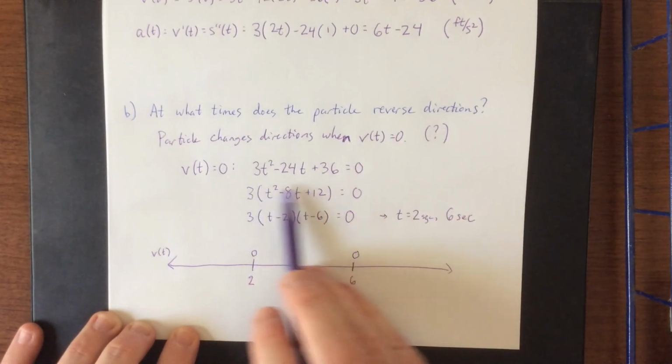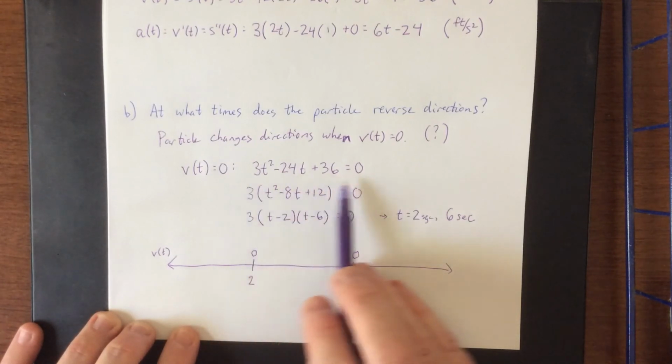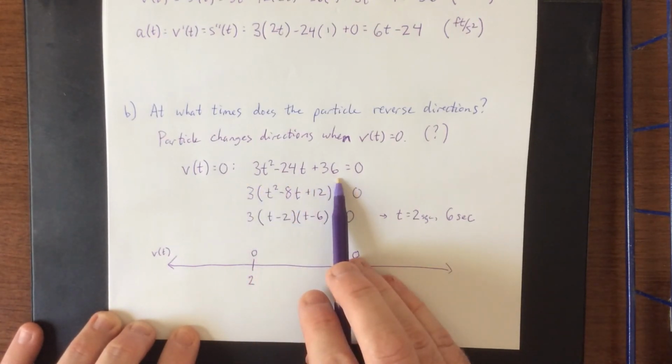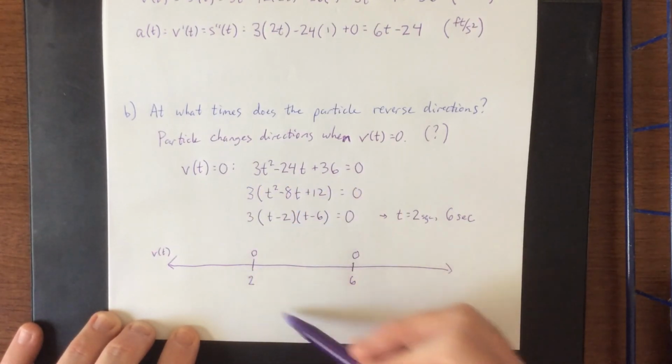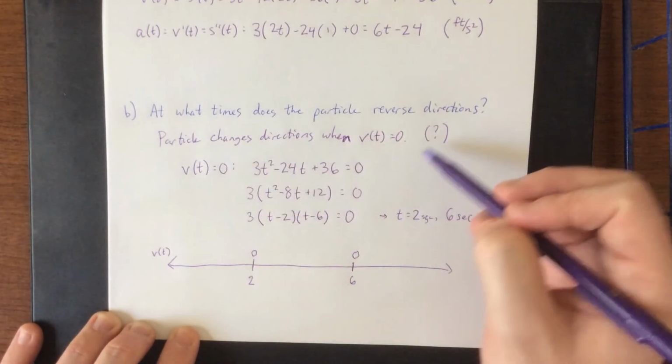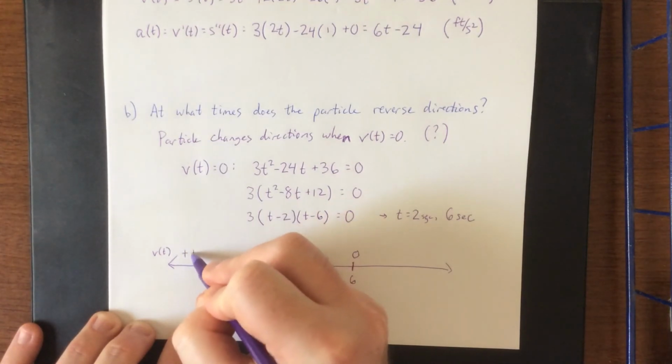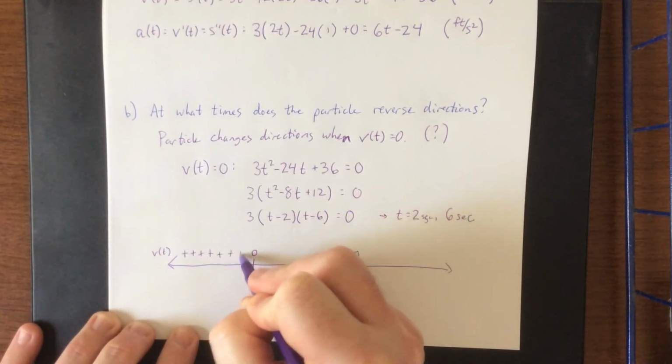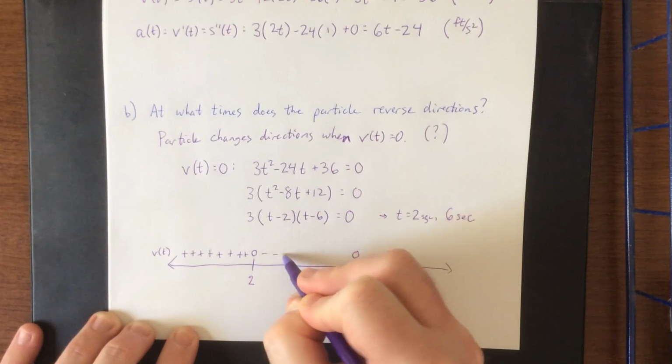Now, you also might recognize that this is an upward opening parabola, and so between 2 and 6, it should be a negative velocity, and then beyond 2 and 6, it should be a positive velocity. So, certain aspects of parabolas being used here.